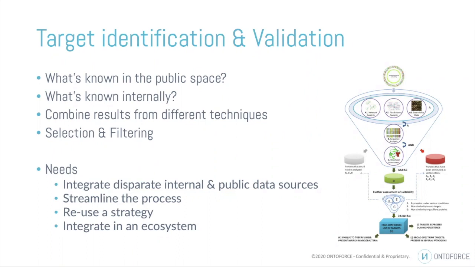It's a figure I took from a publication with a certain target identification and validation strategy. You can see this as a sequence of steps where you would like to drill down from a larger set of potential targets to a more narrow, better filtered, better selected set.